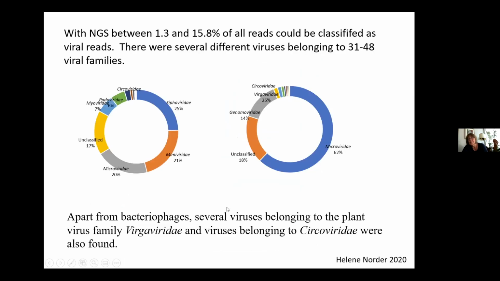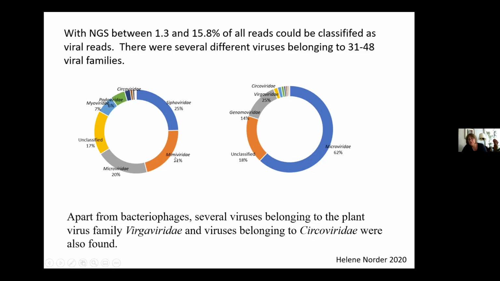And we also found, of course, a lot of other viruses in the effluents. Up to 16% of all the reads we had when we made NGS were viral reads that we could classify. Most of them were bacteriophages, some very few were plant viruses, and some were circoviruses, which we know infect birds and also humans and other animals.